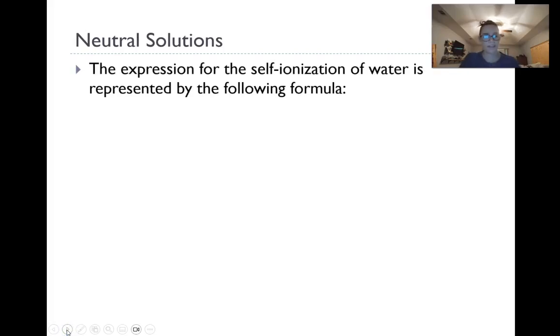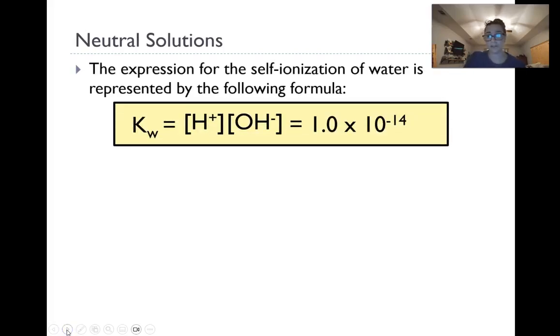Okay, so now we're getting into what pH actually means, on the pH scale. The pH scale goes from 1 to 14, with 1 being the most acidic and 14 being the most basic. However, you can have pHs below and above this, but we're not going to talk about that right now. The reason that we have this scale is based on the self-ionization of water.